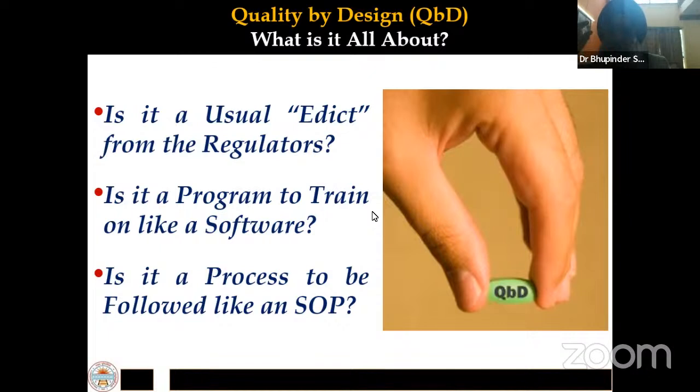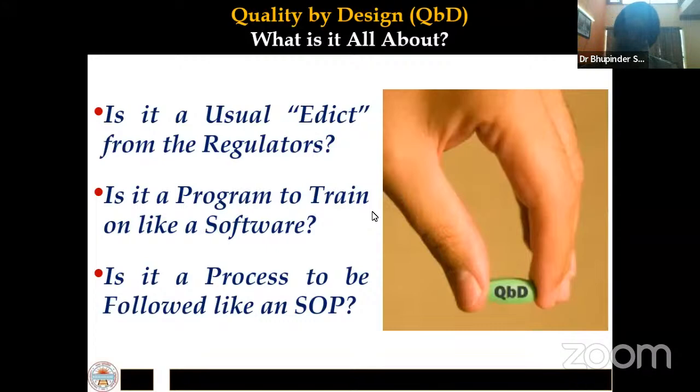It looks like it's an edict of the FDA to keep India away. Some people used to tell, QBD is like a computer program, which has to be run by the scientists, in one of the leading pharma companies, number 2 or number 3 in India.